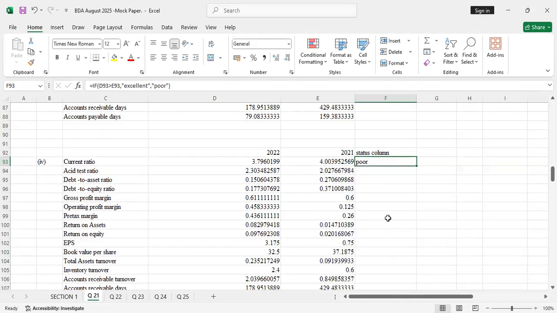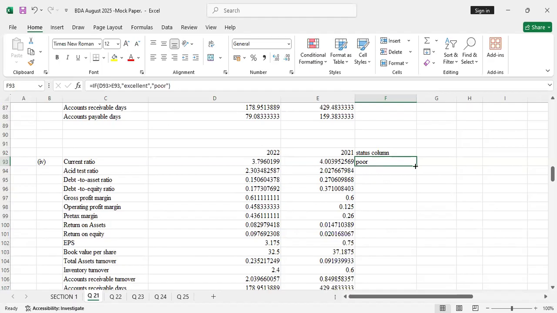Once you say okay, you can see that the current ratio for 2021 is 3.7, but for 2022 is 4. So this is greater, yeah, so it captures that it's poor, because 2022 is less than 2021.